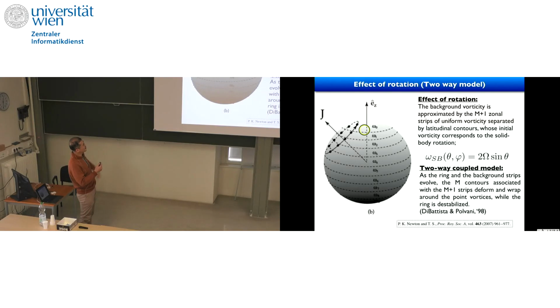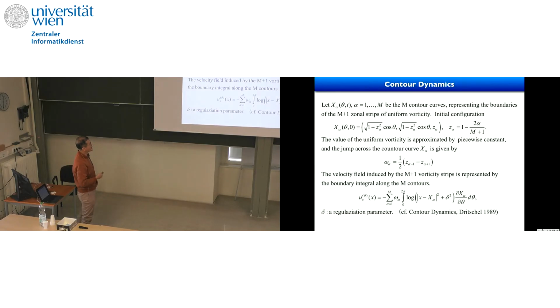Then we tilt the ring configuration by some angle like this, and consider the coupling between the background rotation and the ring configuration. If there is no background vorticity, the ring structure can rotate around this vector, but we are going to see what happens if these strip vortices exist. This kind of model was considered by Di Battista and Polvani in 1998.